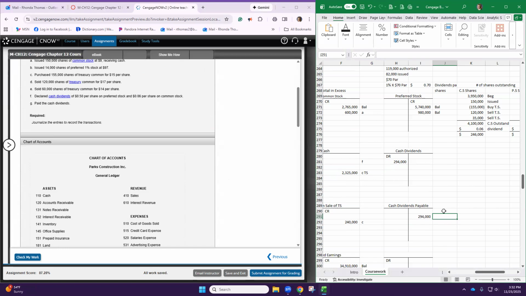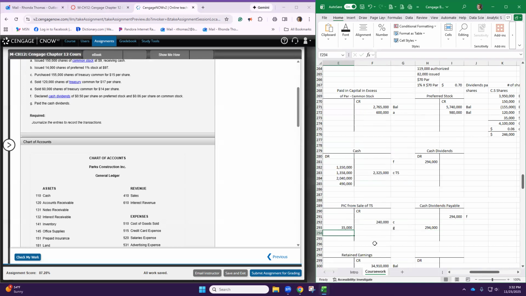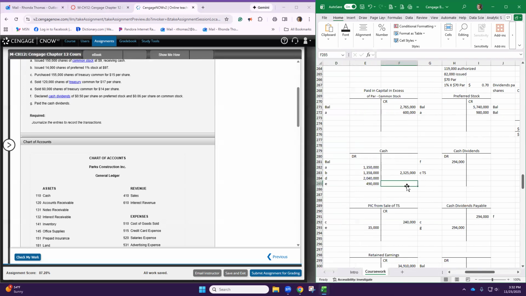And then G is going to make this go down. So when we pay them out, we'll pay them out in cash. So G.